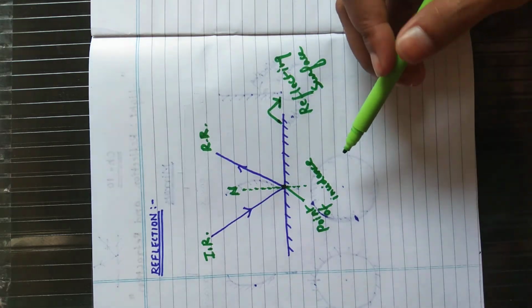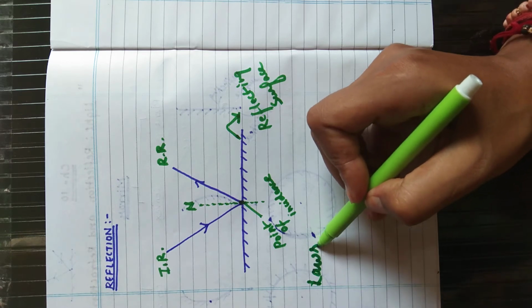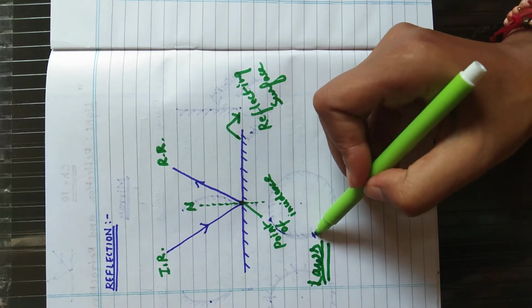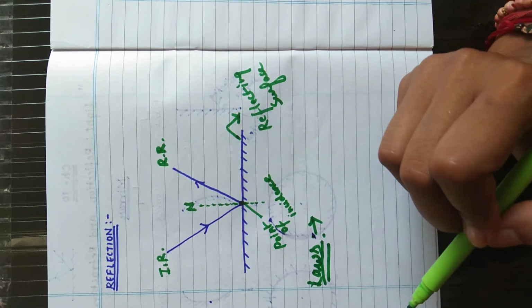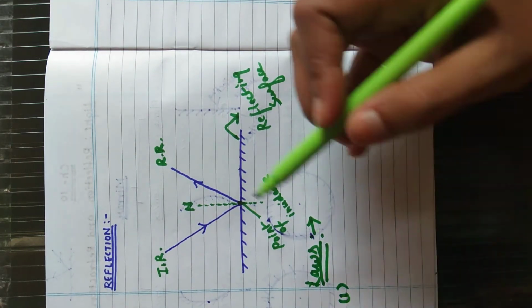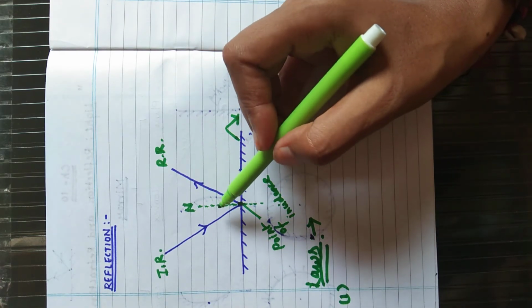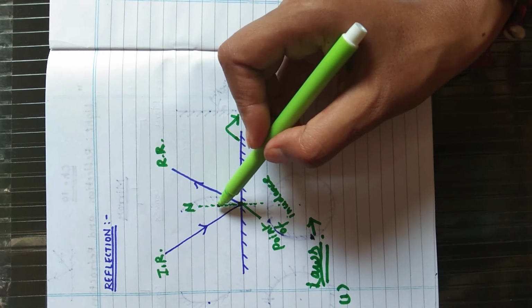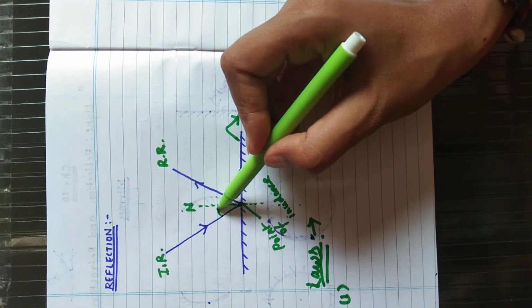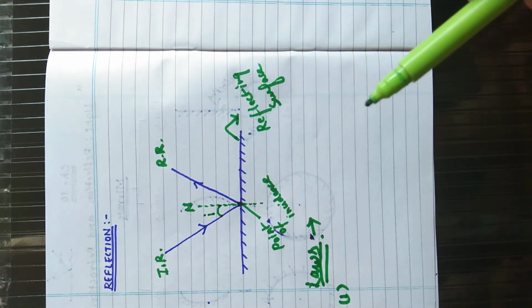Now there are certain laws. There are two laws to explain the phenomenon of reflection. The first law concerns the angle of incidence. What is the angle of incidence? The angle made by the incident ray with the normal is called the angle of incidence, represented by small i.